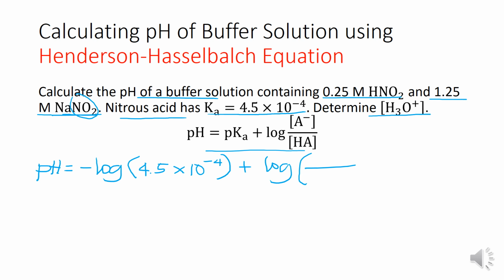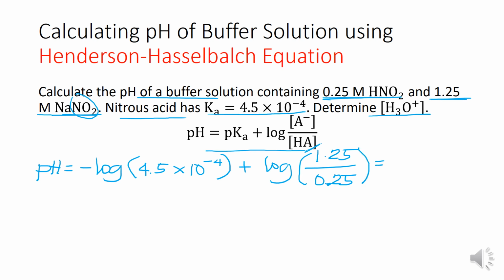Now, for 1 mole of sodium nitrite, there is 1 mole of nitrite. Therefore, we can say that the concentration of the conjugate base is equal to the concentration of sodium nitrite, which is 1.25 molarity. For the concentration of the conjugate acid, that is given as 0.25.